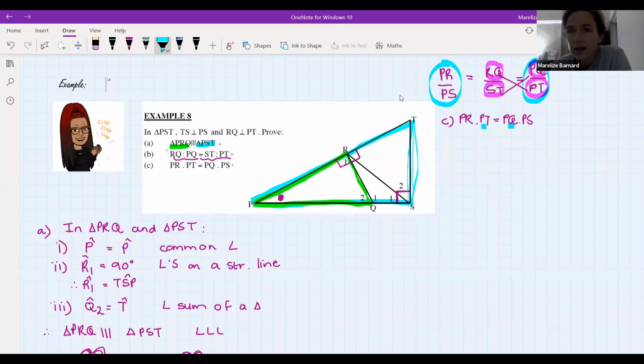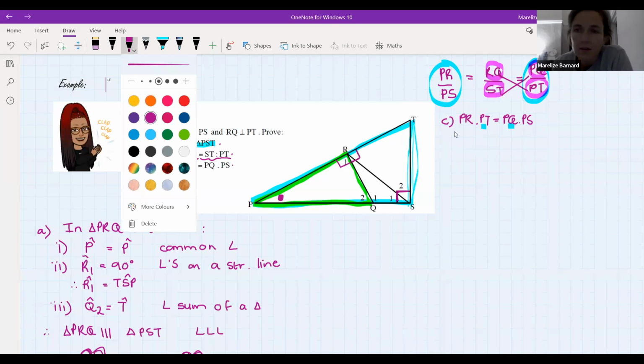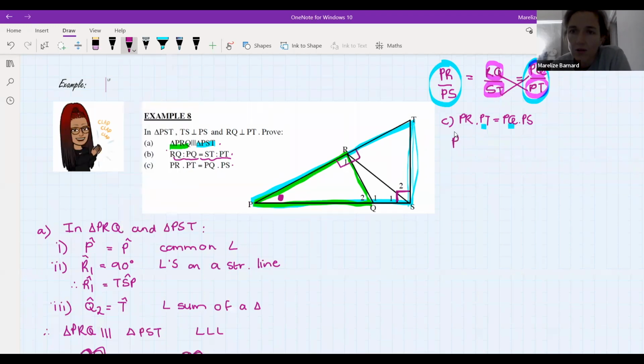Okay, so do you see if I just cross multiply PR over PS with PQ over PT, then I'm going to get what I need. So let's try that. You write down PR over PS, not BS, PS, is PQ over PT.